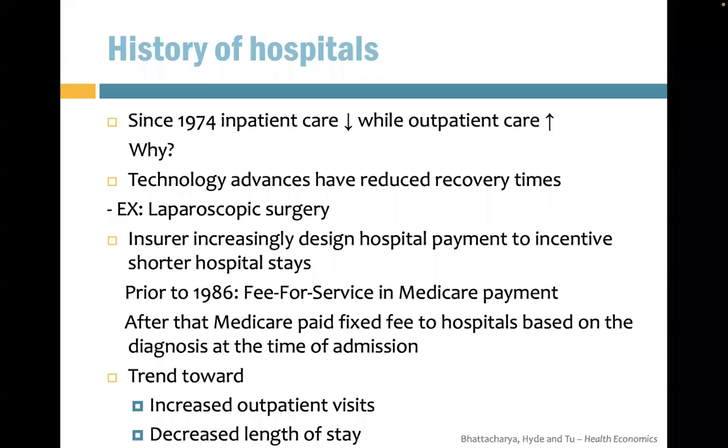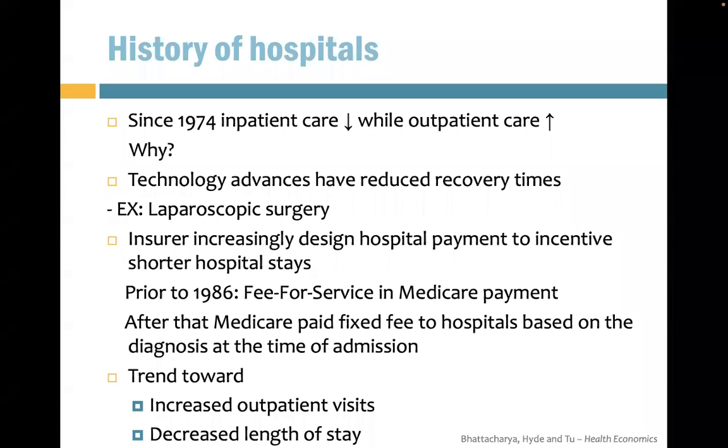As long as your code is, let's say, 3, then any patient who belongs to code number 3 will get the same amount of payment. Okay, so every patient that comes in with the same diagnosis code will make the hospital receive the same amount of money from Medicare.